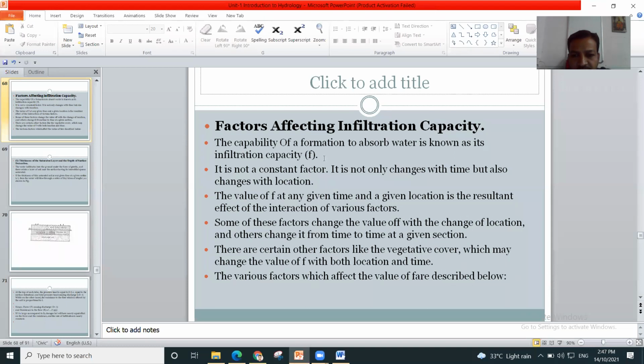On which factors is the infiltration capacity dependent?